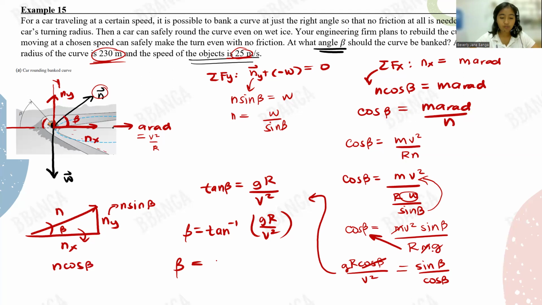G is 9.8 times 230 over 25. Huh? 74.5? Parang mali naman yun. Wait lang.